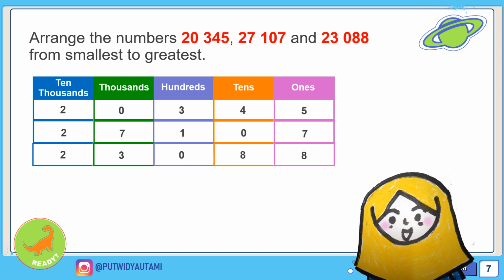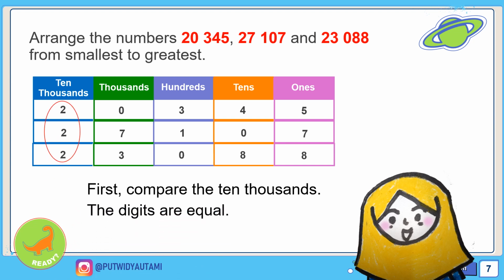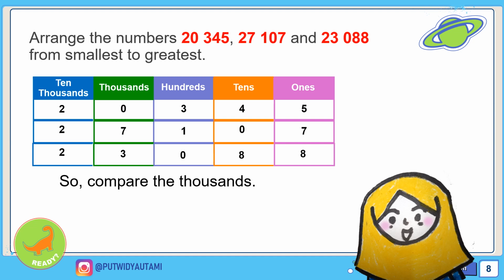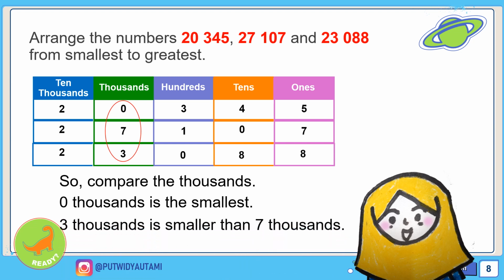Now, let's compare the 10,000s. We found that the digits in 10,000s are equal. So, let's compare the thousands. We can see that 0,000 is the smallest one, and 3,000 is smaller than 7,000.